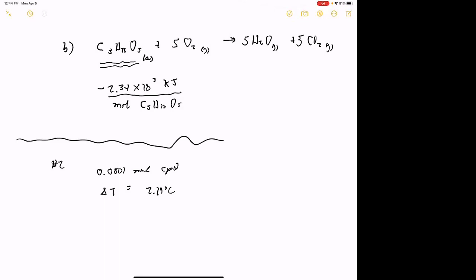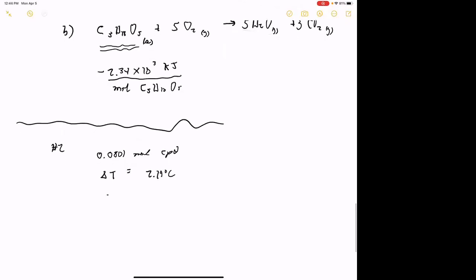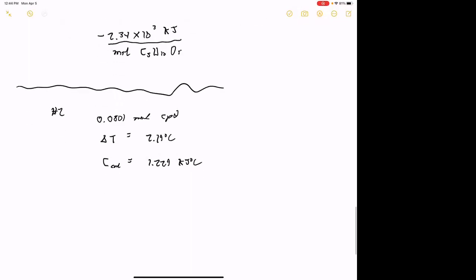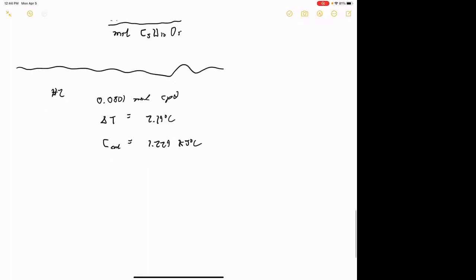I also know the C-cal. They give me that as well. That's the calorimeter constant, or the heat capacity of the bomb calorimeter. That's 1.229 kilojoules per degree Celsius. And I want to know the heat of combustion of the hydrocarbon in kilojoules per mole. So I've got everything I need.